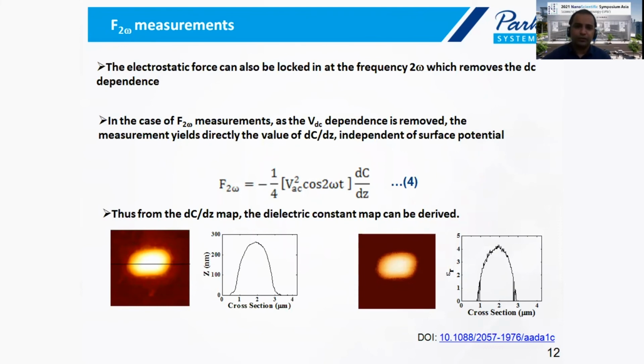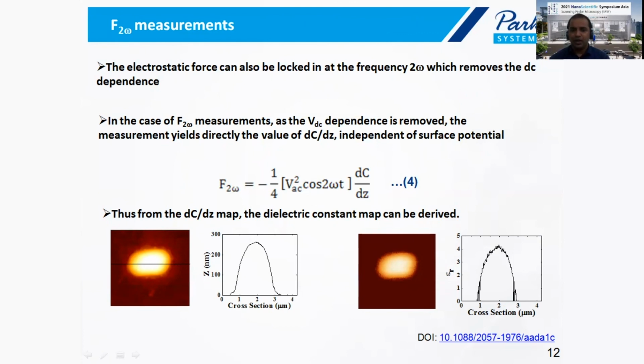Here, we find that in this force F2 omega, the DC dependence is removed, and the measurement yields the value of the dC/dz map, which is independent of the surface potential, given by equation number 4.